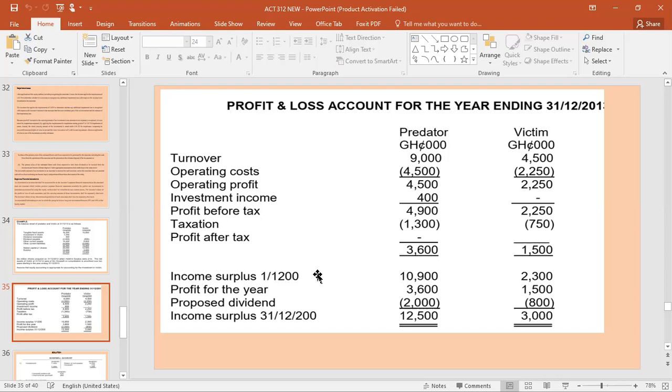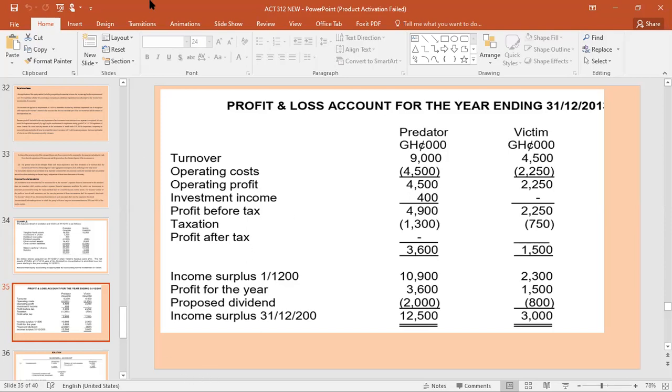If victim declared dividend of 800, then 50% of that 800 is going to Predator, and 50% of 800 is 400. So we can confidently say that the 400 investment income we are seeing on Predator's account is actually coming from victim, and to that large extent, it constitutes what you call intragroup balance. Once it is part of intragroup balance, we have to eliminate it on the face of the account. So this 400 will not appear again.